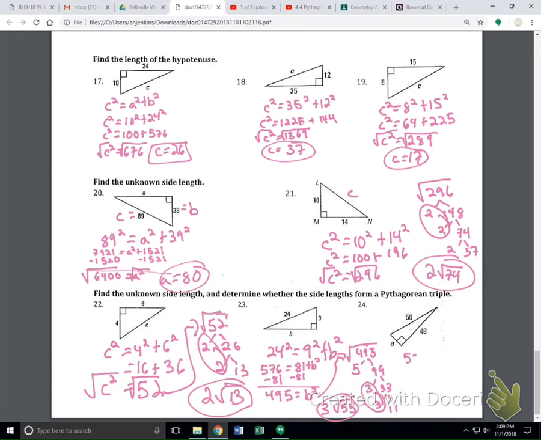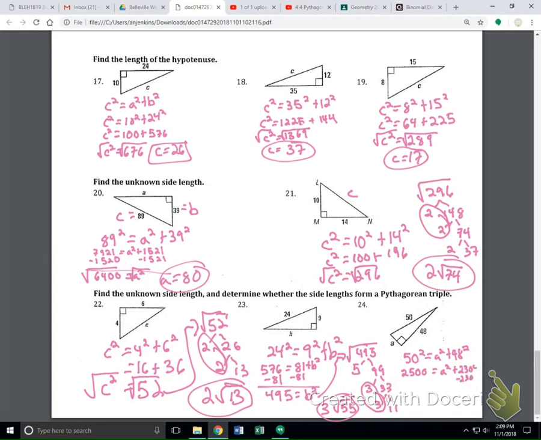The next one is 50 squared equals a squared plus 48 squared. 50 squared is 2,500 equals a squared plus, what is 48 squared? That's going to be 2,304.